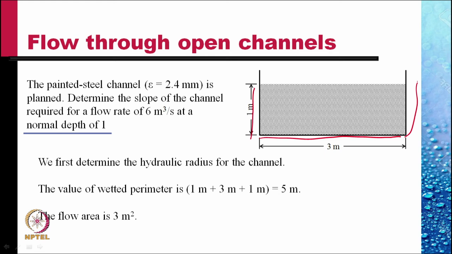The flow area is 3 meters times 1 meter, and therefore the hydraulic diameter is 4A by P, that is 2.4 meters. This could be treated as a circular pipe of diameter 2.4 meters.